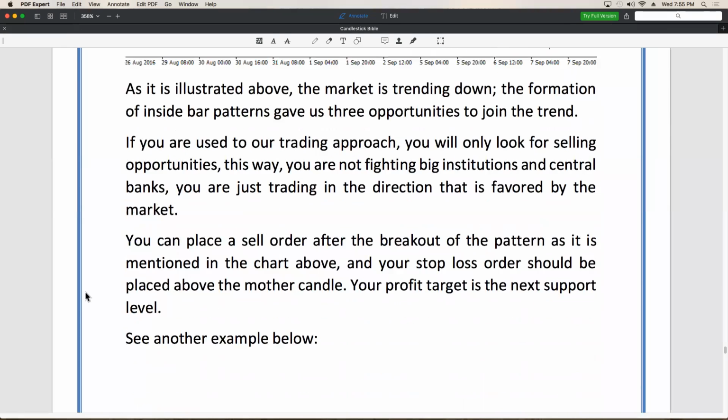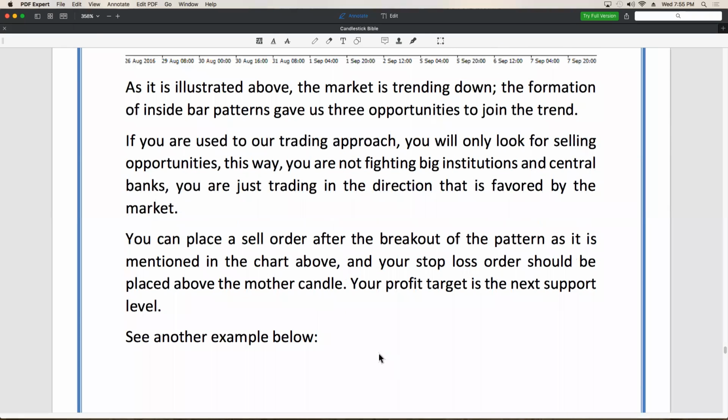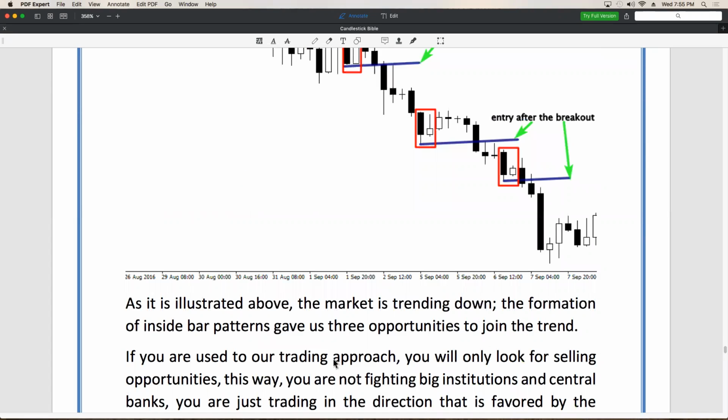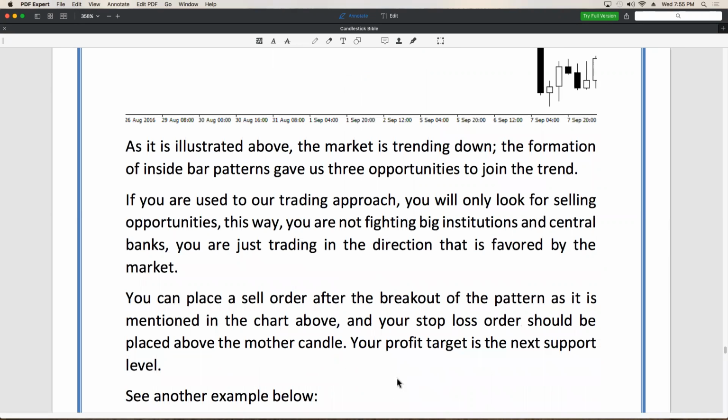So you can place a sell order after the breakout of that little pattern of the mother and the inside bar, as it is mentioned in the chart above.